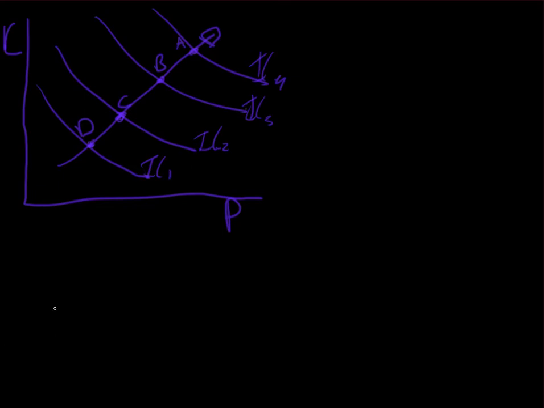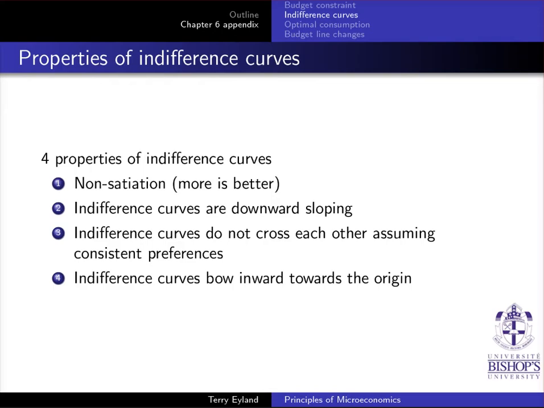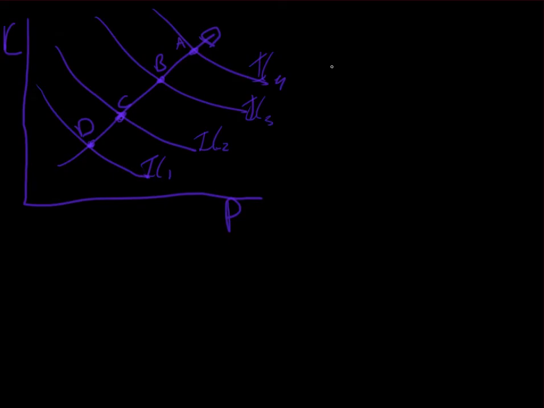Okay. The second property that we're going to look at is that indifference curves are downward sloping. And simply, we have to make sure that indifference curves, once again with cola and pizza, are downward sloping.